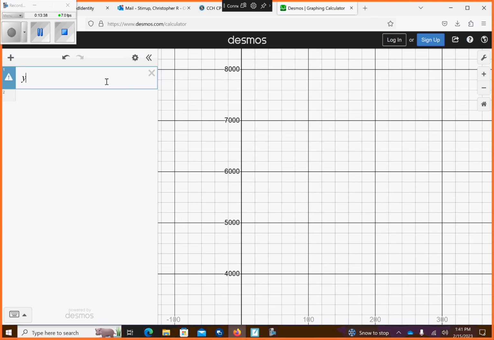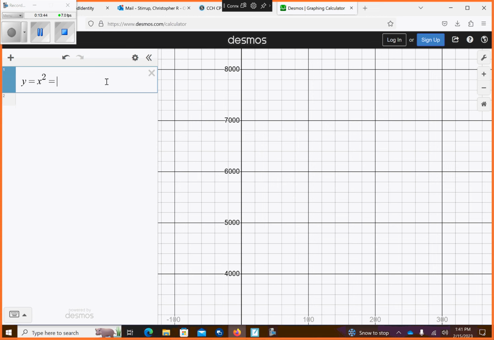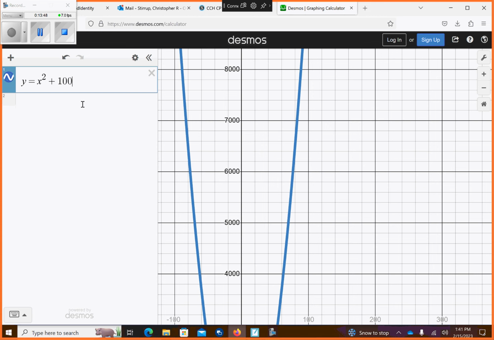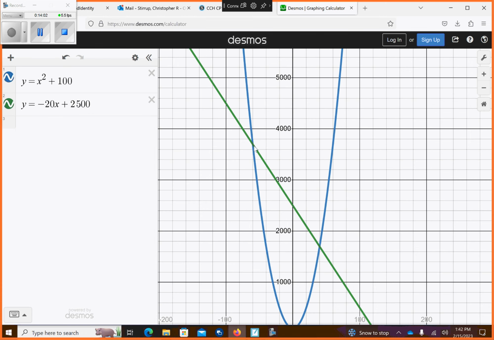Y equals x squared plus 100, and y equals negative 20x plus 2,500. And you want to make sure you see where it crosses twice. So that's market equilibrium there and there.